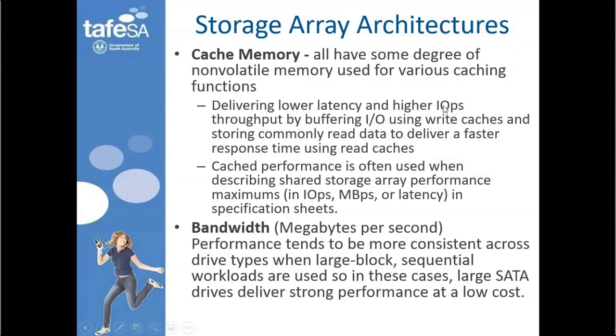I think the idea of caches is pretty easy to understand because it's in all computers anyway. But obviously the more cache you have, the faster your system is going to perform. Cache performance is often used when describing the shared storage array performance maximums: IOs per second, megabytes per second, and latency. These are the things we measure.